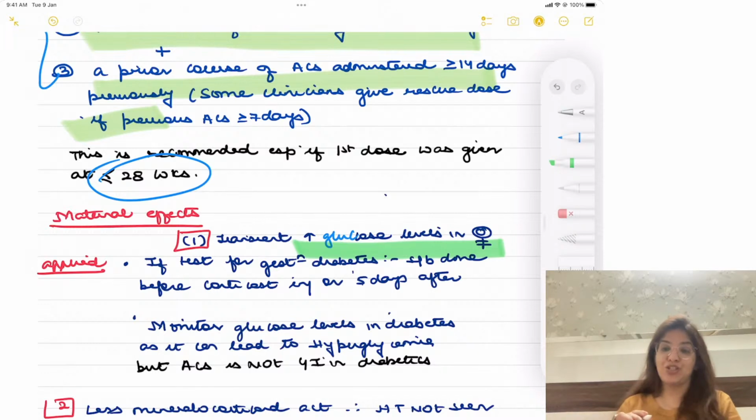The clinical implication is, suppose I want to do a screening for gestational diabetes. Ideally, in India we do a DIPSI test in the first antenatal visit and then between 24 to 26 weeks.